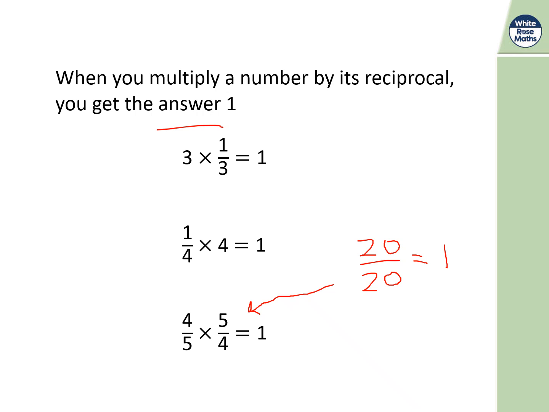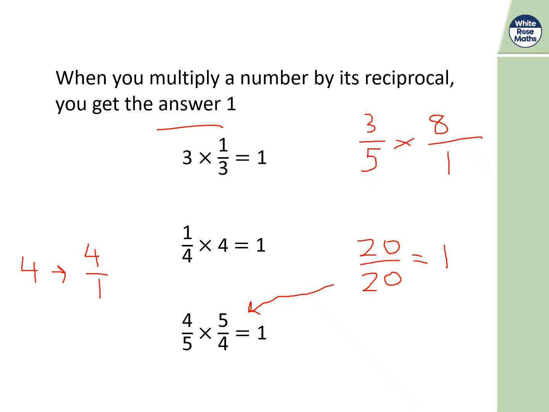Remember as well that any number can be written as itself over 1. So the number 4 can be written as 4 over 1. If you're ever multiplying a fraction by a whole number, let's say, sorry, I'm going a bit off tangent, excuse the pun, 3/5 times 8, I can write 8 as 8 over 1, because anything over 1 is just itself.